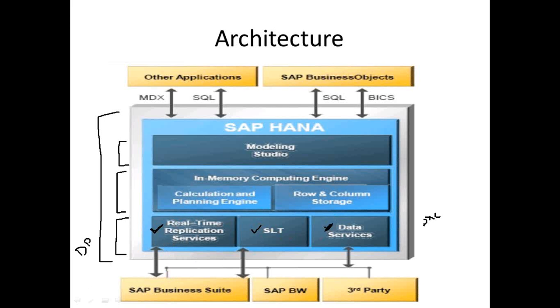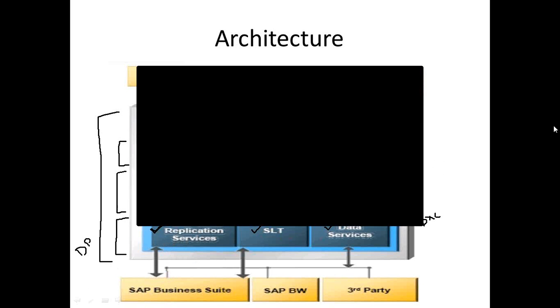With data services, you have the ability to replicate data from any system. It could be an SAP system, it could be a non-SAP system, it could be a database, web services, name it, and you are able to connect. This is the only ETL tool that can connect to SAP HANA.